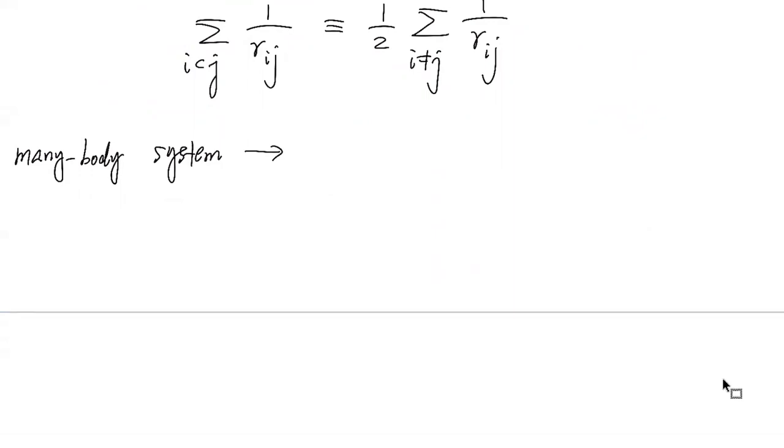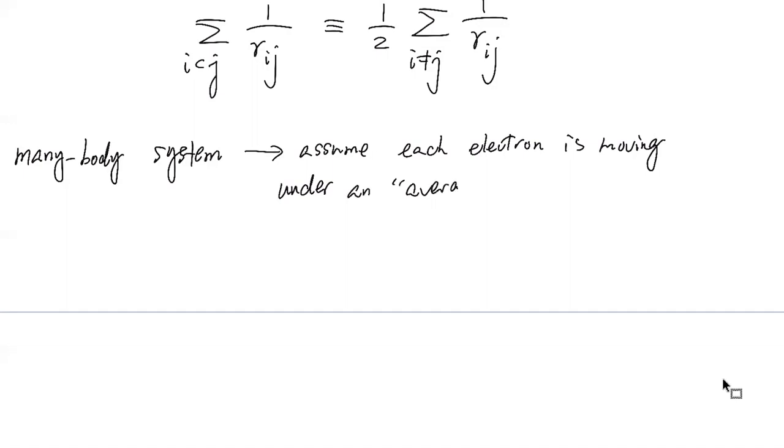That is to say, if we assume each electron is moving under a sort of averaged central field, then we can separate this many-body system into multiple independent equations, at least formally independent.